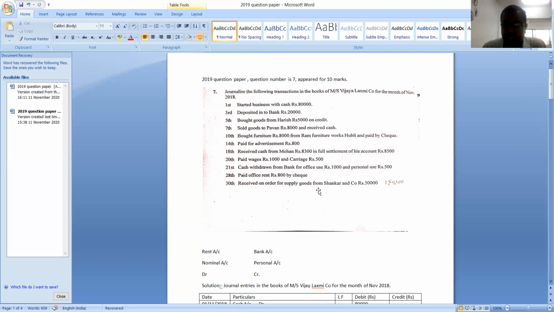Understood? When the order is executed, at that time we need to pass the journal entry. When the order is executed, it becomes a transaction, so we need to pass the journal entry. So this is how we need to pass journal entries for the transaction.